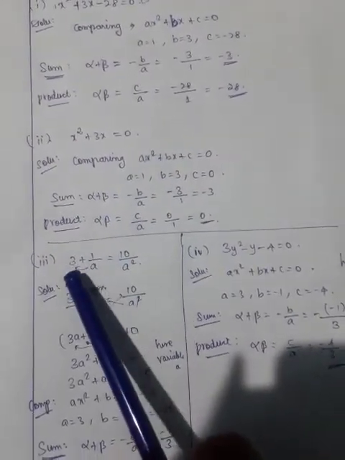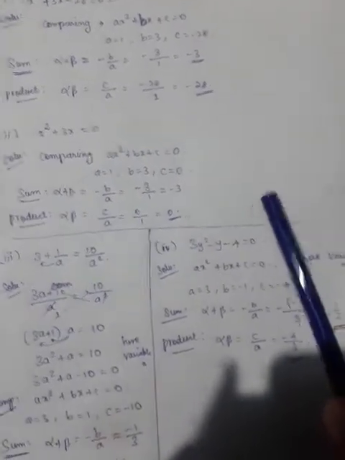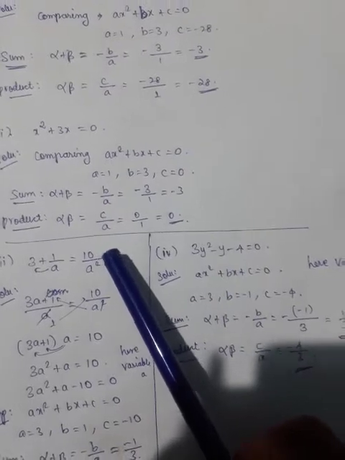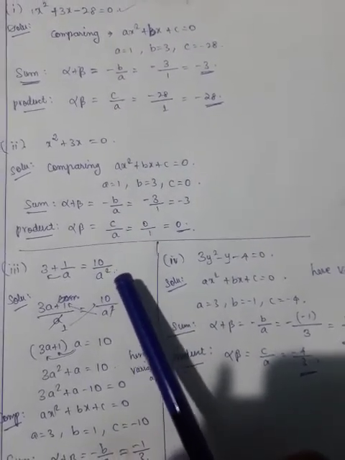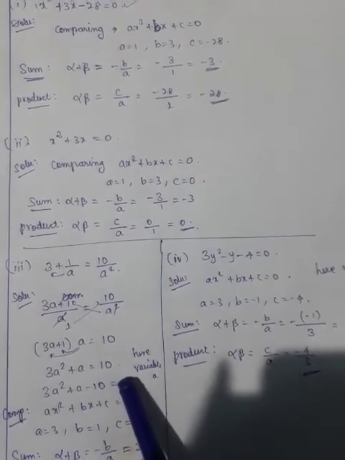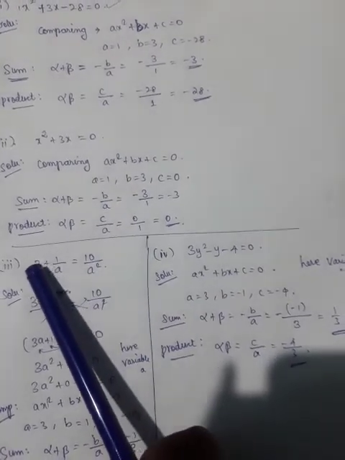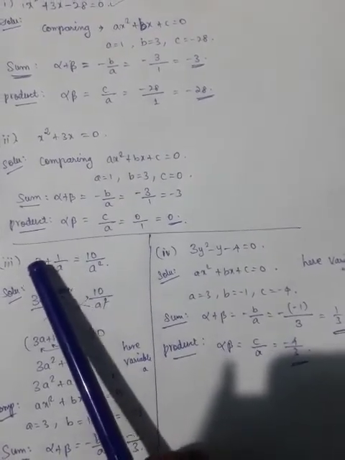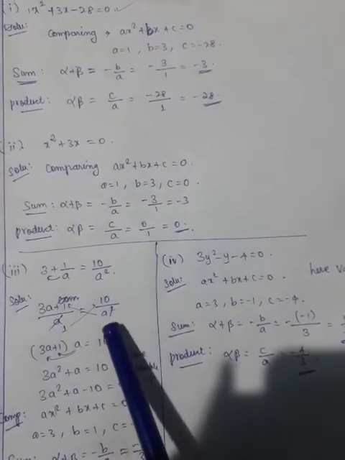The third question, 3 plus 1 by a equal to 10 by a square. Here the formula method is not given, so we should simplify the equation first. Multiply a on the left hand side. So 3 into a, 3a plus 1 divided by a, equal to 10 by a square.